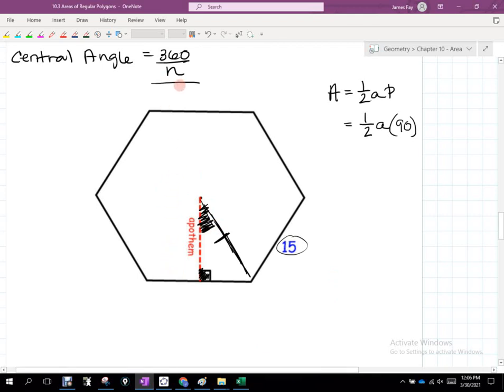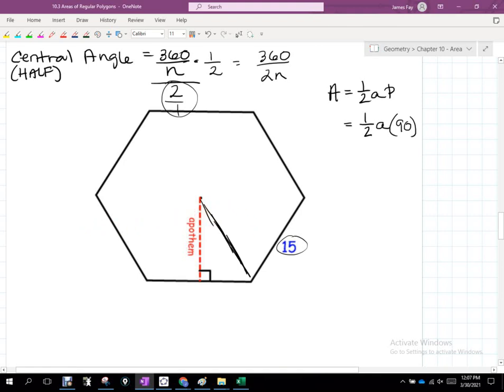And if I divide this by 2, algebraically, that tells me to take the reciprocal, multiply by the numerator, and I get 360 over 2n. Okay, and I'm going to write here that it's half the central angle. And that's what we want every single problem. We're going to want this angle right here because it's an angle of a right triangle.